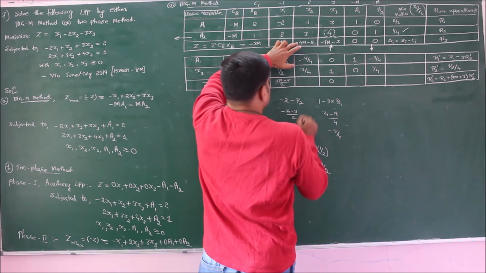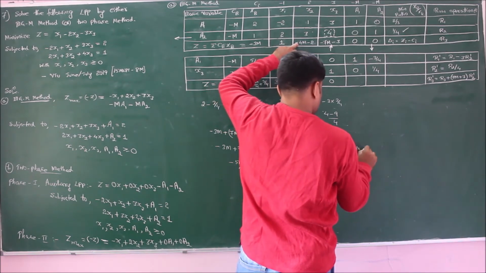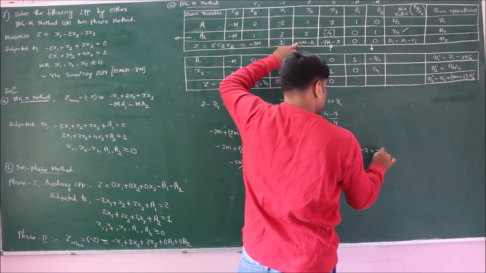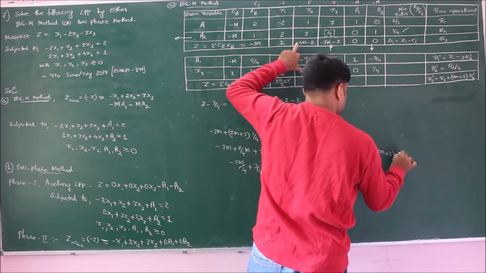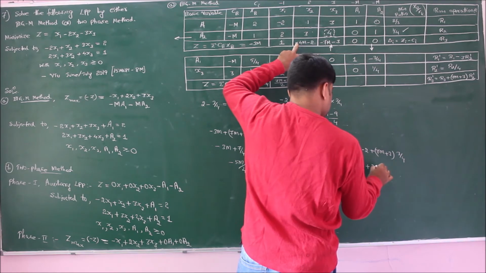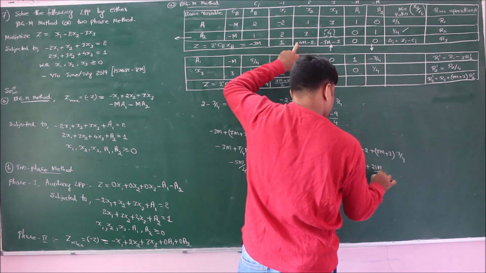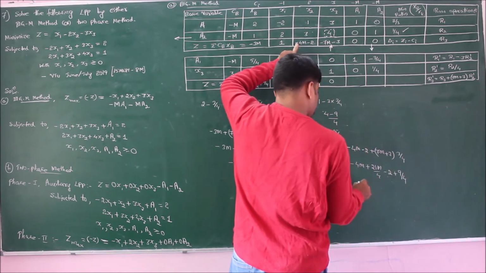Coming over here, we have minus 4m minus 2 plus 7m plus 3, and the key element is 3 by 4. So we'll get minus 4m plus 7 3s are 21m by 4, minus 2 plus 9 by 4.